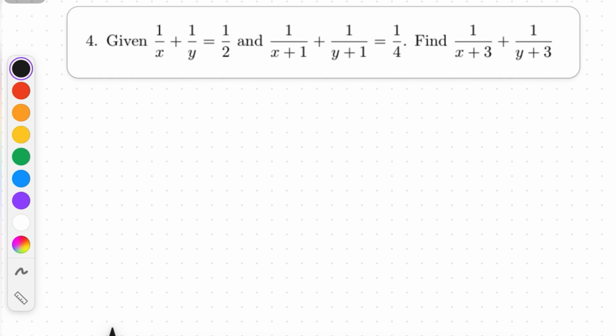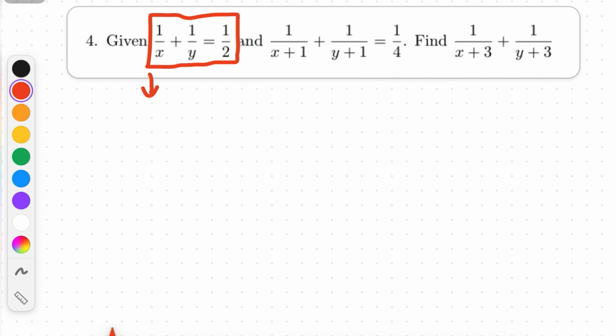So again, we'll start with our first equation, and we're going to see what we can do by just playing around with the expression. We're starting with 1 over x plus 1 over y equals 1/2. I'm going to try and get rid of the denominators here. The denominators are x, y, and 2, and we'll multiply everything by 2xy.